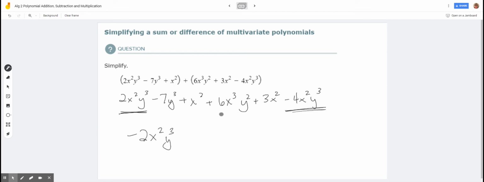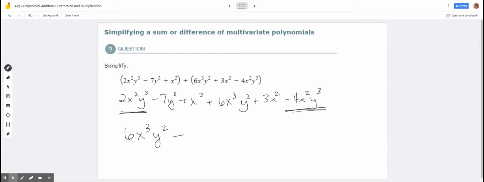Okay, next. Ooh, I should have put this one first. Okay, so I actually am going to do that. I'm going to put the x cubed first. So I'm going to go 6x cubed y squared because there's nothing else like it. It's unique. Then I'm going to go with the x squared y cubed.